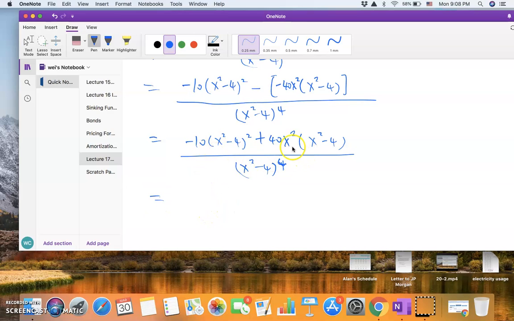Okay, then we notice they have a common factor, which is a 10 and x squared minus 4. So we can factor that out, and we are left negative x squared minus 4 plus 40x squared.